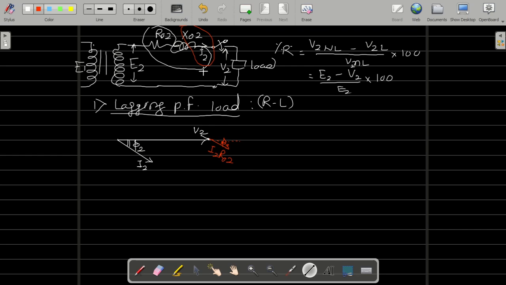So this voltage will lead, and our current will lag, so the voltage will lead by an angle of 90 degrees. So this will be I2X02, and the sum of I2R02 plus I2X02 and V2 equals E2. So E2 I am going to draw here.